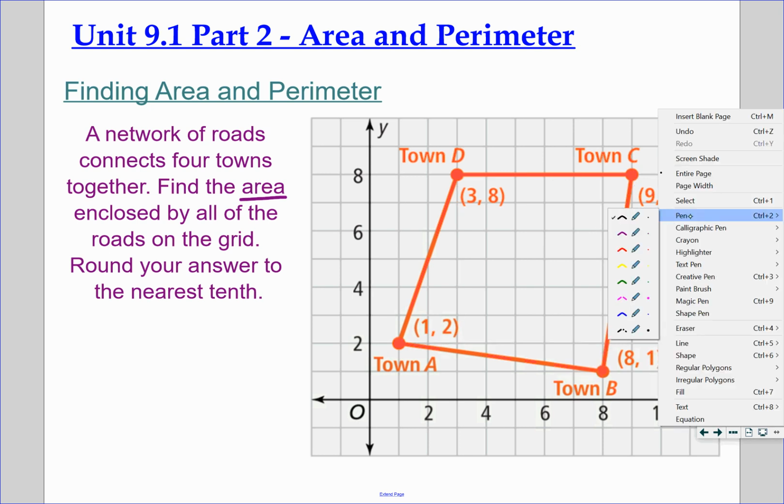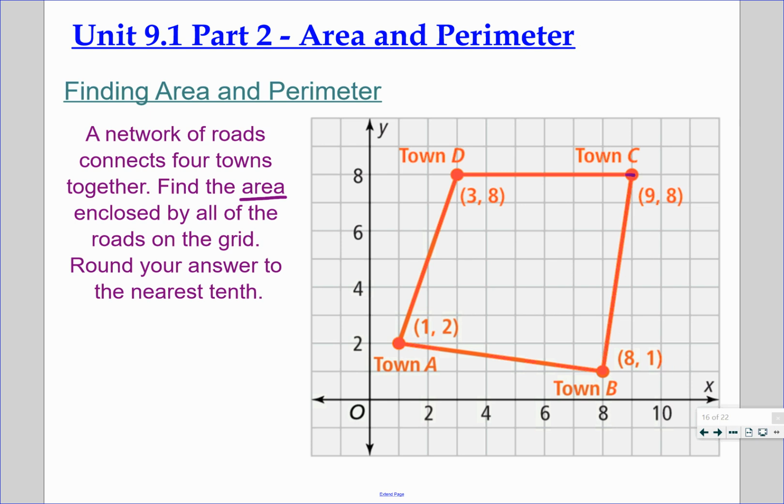So let's draw a whole box around this whole shape. We're going to have triangle 1, triangle 2, and triangle 3 on the outside of the shape.